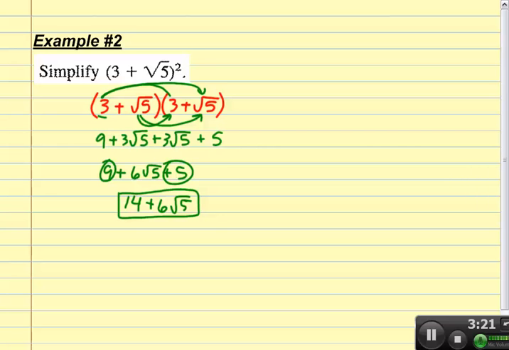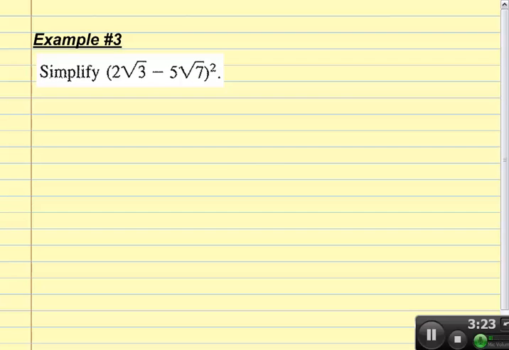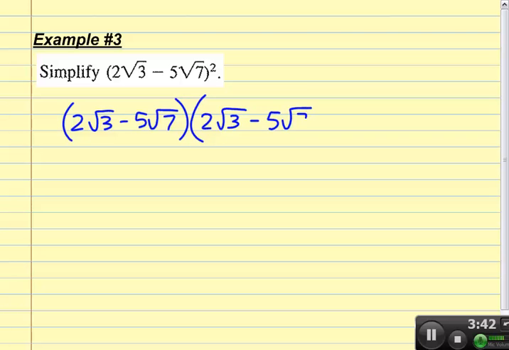Let's look at another one, see what we get. All right? Example number 3. Okay, well this is the same kind of thing, except it has a minus in there. Oh, and look, the first term has a radical. Doesn't mean we do anything different. Okay? 2 root 3 minus 5 root 7 times itself. 2 root 3 minus 5 root 7.